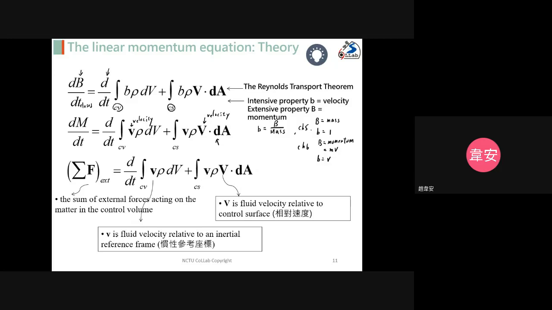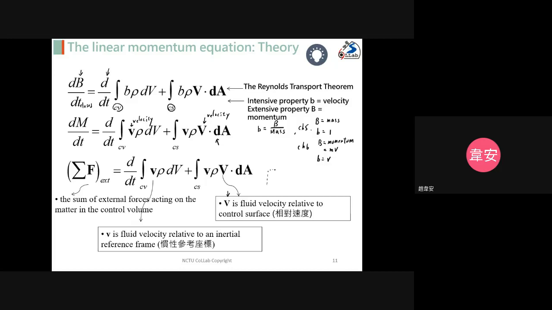The small v is the vector of the fluid velocity relative to an inertial reference frame. But the capital V is also a vector, the velocity relative to the control surface.